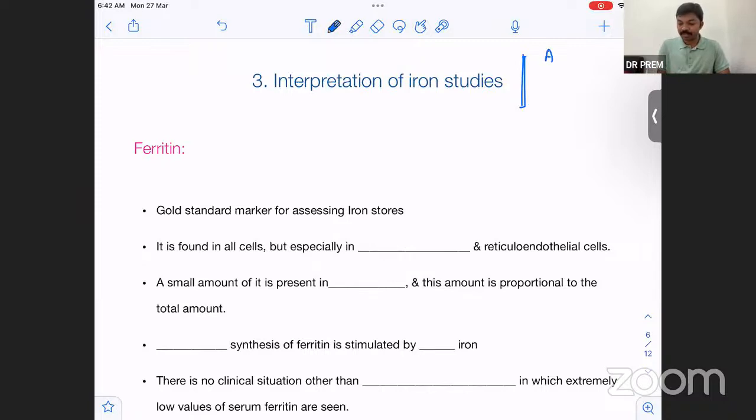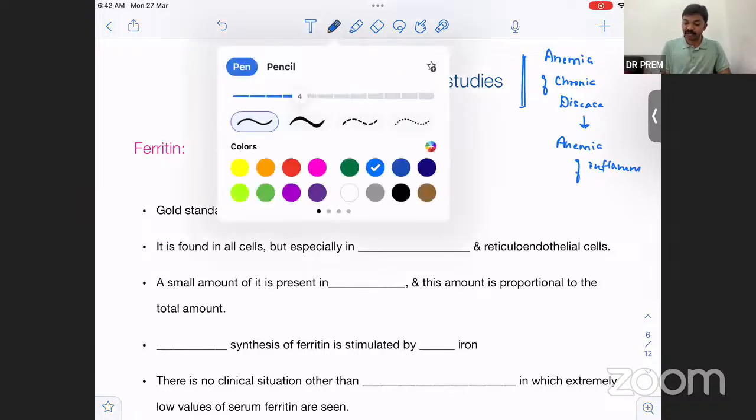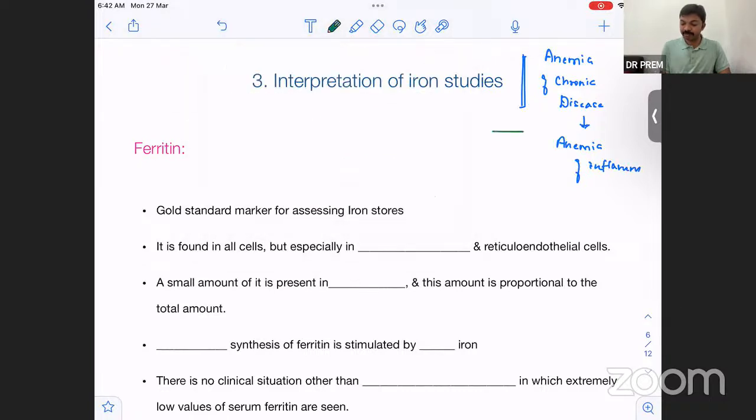All right, people, anemia of chronic disease is renamed as anemia of inflammation. And these conditions, anemia of chronic disease as well as anemia of inflammation, are manifested with microcytic hypochromic anemia.